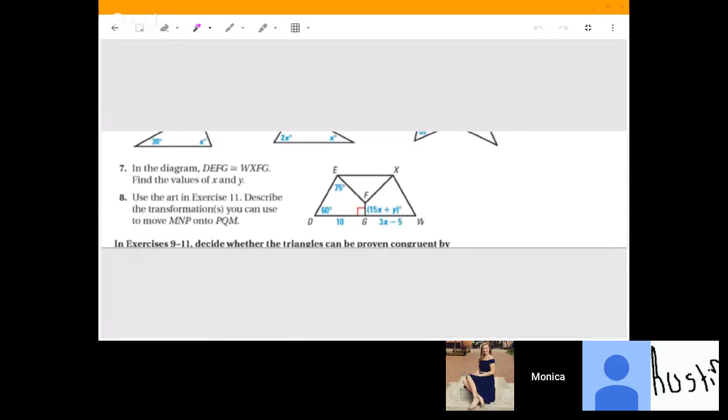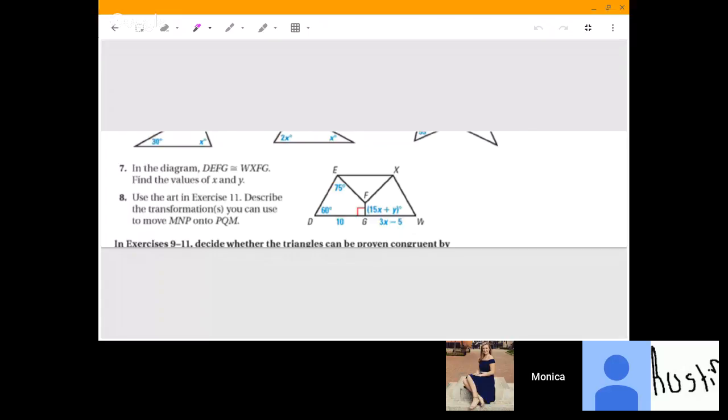Okay. So starting out with number 7, we're supposed to use the diagram and find the values of both x and y, okay? So when we look over here, sometimes when you have to show 2 variables, it's a little more difficult. You have to kind of look at other relationships. So first, let's see if we can figure out x.